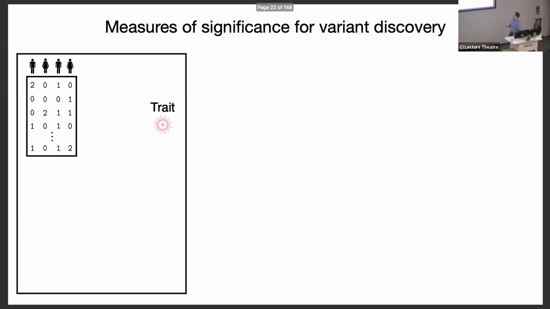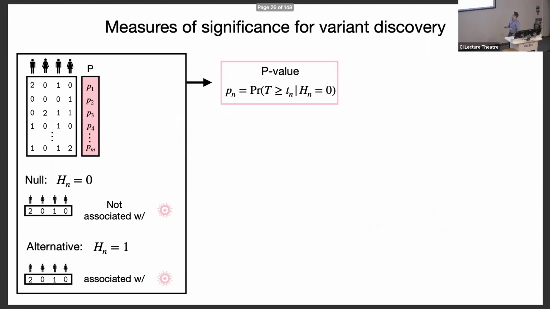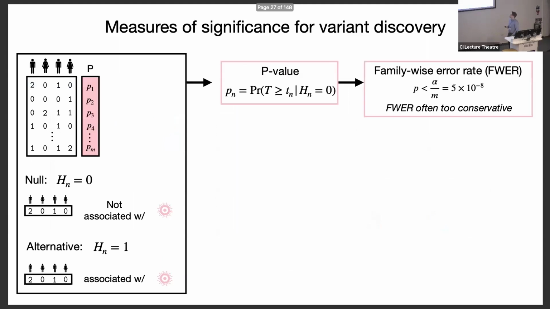Before I get into it, it's worth going over different measures of significance for variant discovery. We're trying to test the null hypothesis, that the variant is not associated with the trait, versus the alternative, that it is. We typically calculate a p-value to control the family-wise error rate, and we know the family-wise error rate is usually too conservative. So there are other measures out there.